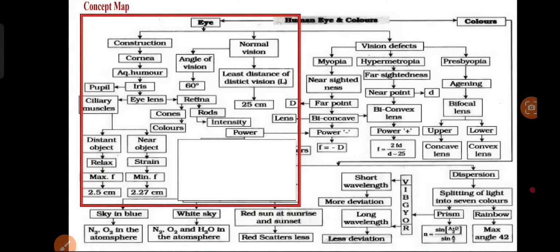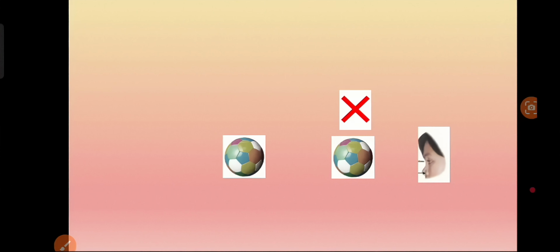So now I'm going to recall the previous knowledge like least distance of distinct vision and also accommodation, and how the image is formed on the retina. Here we can see a ball is kept very near to the eye. We can't see the ball clearly and distinctly. If I keep the ball far away at some distance from the eye, I also can't see the ball clearly and distinctly.